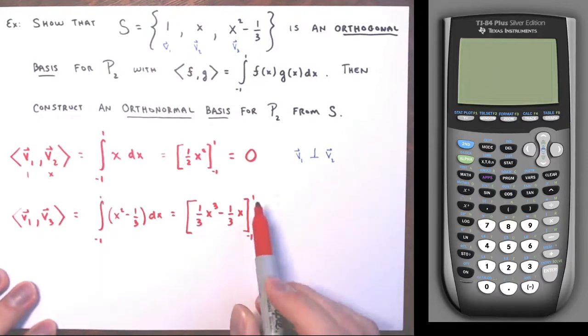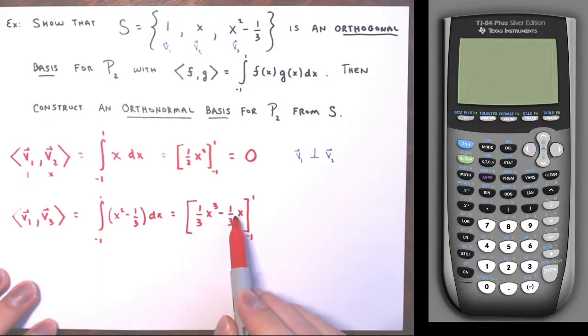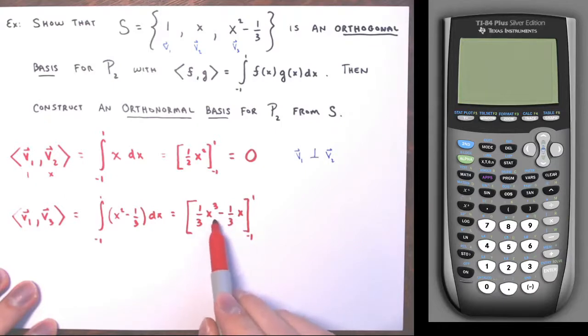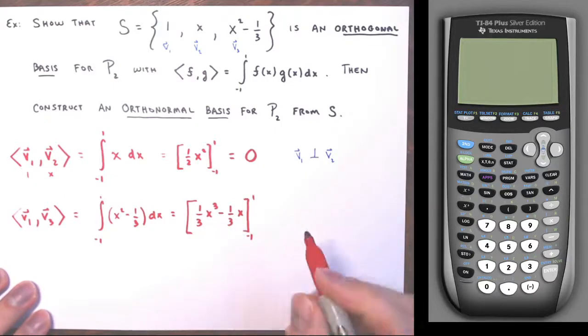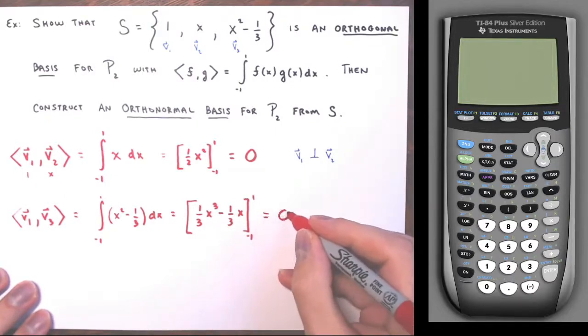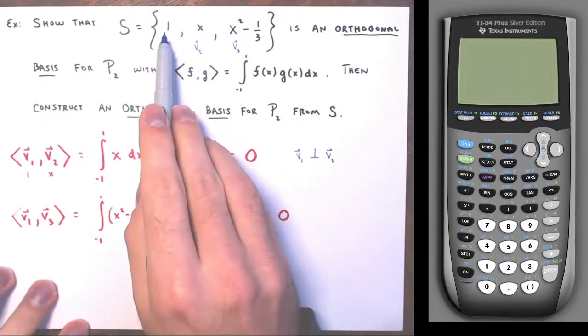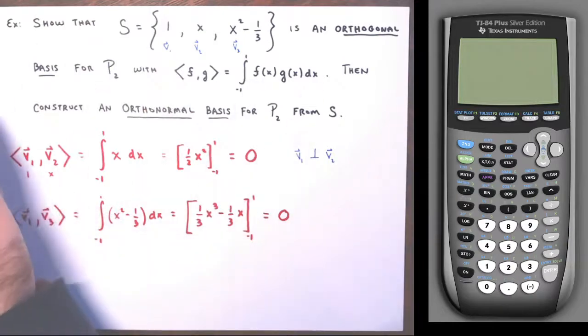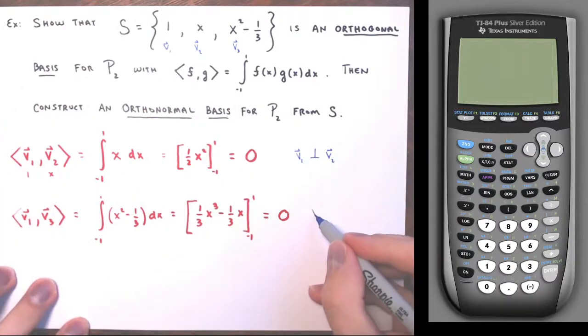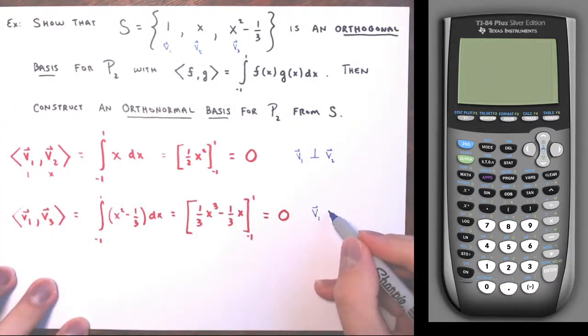Can you see that when I plug in 1, I'm getting 0? When I plug in -1, I'm getting 0. I'd get 0 minus 0, which is 0. So the polynomials 1 and x squared minus a third are orthogonal in this inner product space.